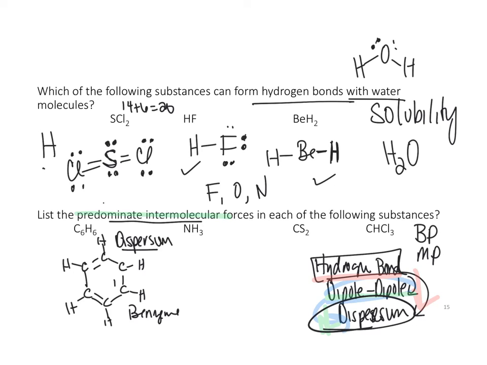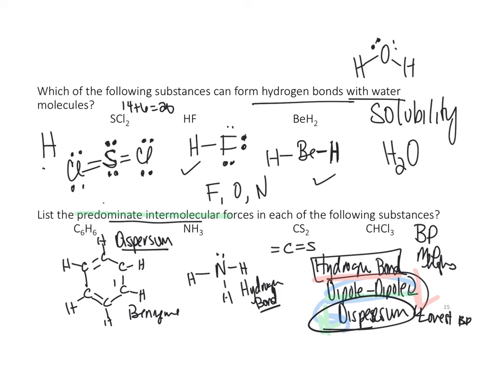Dispersion is its most predominant intermolecular force, and those have the lowest boiling points. These have the highest. So ammonia, if you draw that structure, you see that it has hydrogen bonded to a nitrogen. That's hydrogen bonding. So that's going to have a higher melting point and boiling point.